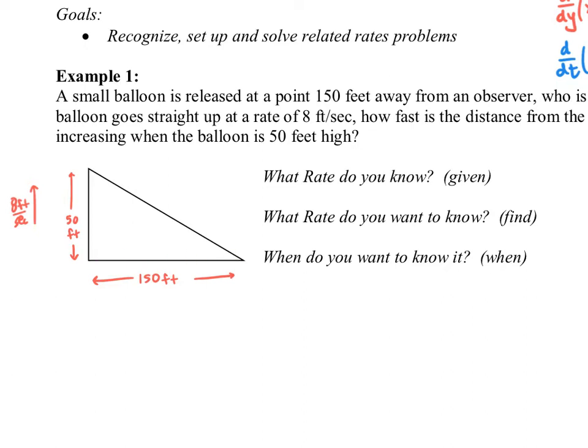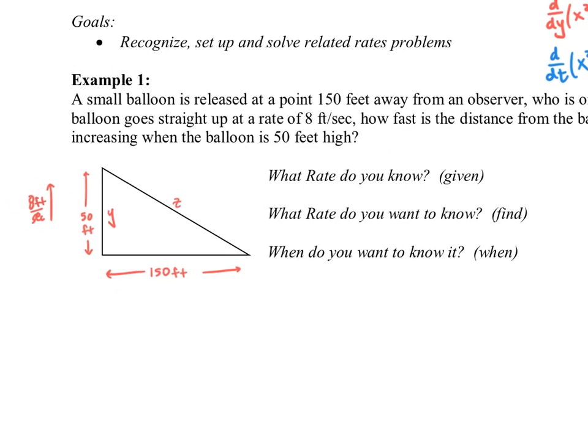We do, however, have to worry about our vertical change. Let's just call that y, just to give it something easy to remember, because this is constantly changing. It starts at 0 and it increases. It does reach 50 feet at one moment in time, but then, just a split second after, it's beyond 50 feet. The other thing that's changing is the hypotenuse of this triangle, and let's go ahead and call that z just to give it a variable.